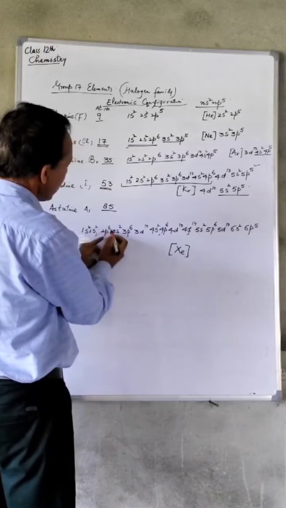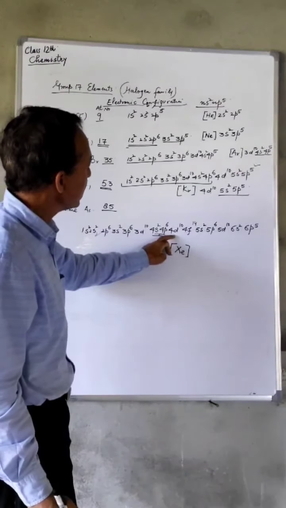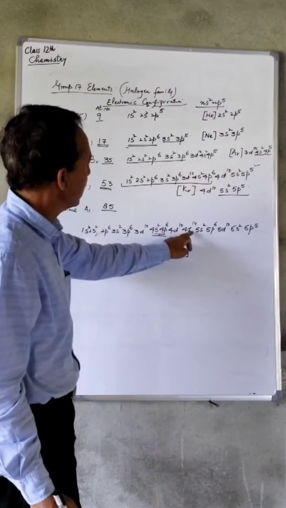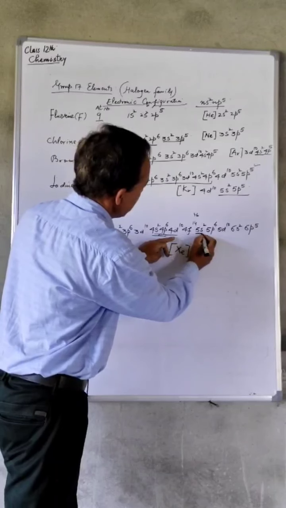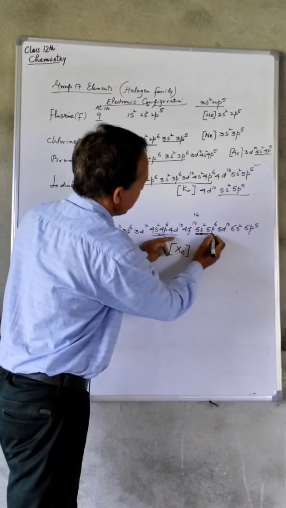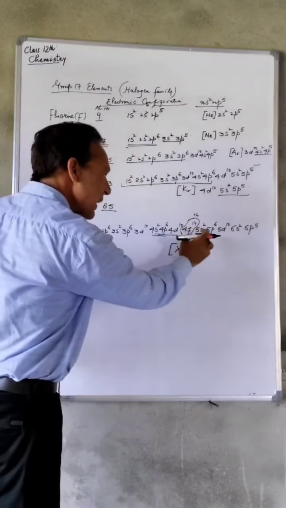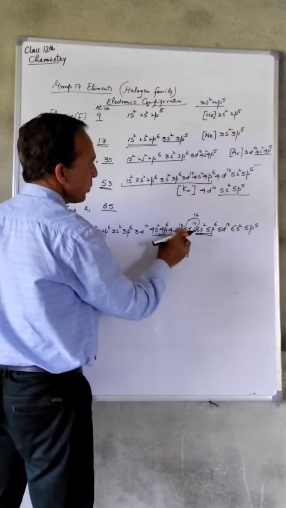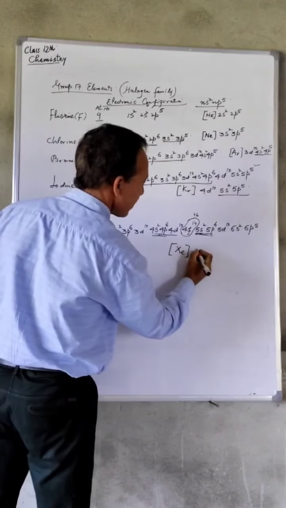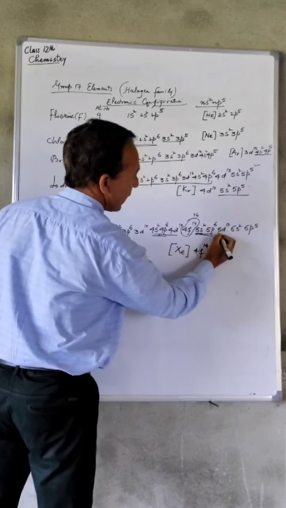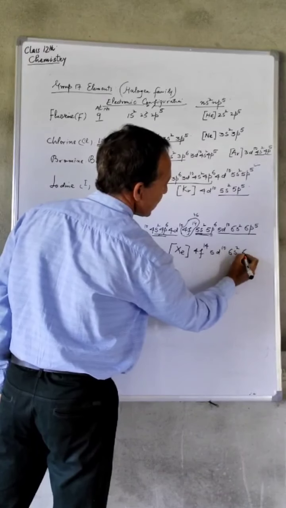So 2, 4, 10, 12, 18, 28, 30, 36, 46, 48, and 6 makes 54. Before the 4f, the 5s and 5p get filled, so we reach 54 up to here. What remains is 4f14, 5d10, 6s2, 6p5.